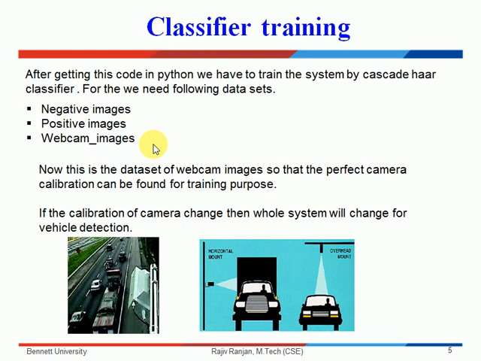So now this is the dataset of webcam images, so that the perfect camera calibration can be found for training purposes. As I have told you, the calibration of the camera angle is very important.